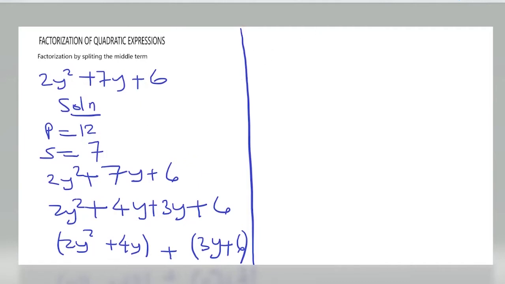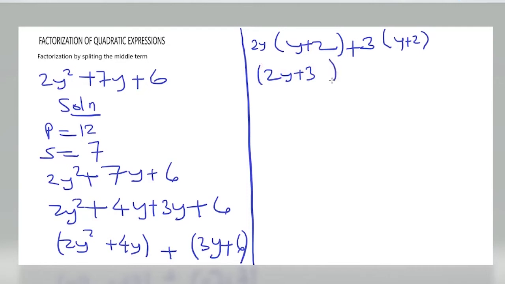Then from here, take 2y outside the bracket, then inside I'm going to have y plus 2, then plus 3, inside you are going to have y plus 2. Then take the values outside the bracket and add them. For this case you have 2y plus 3. Then here we have the common factor y plus 2.